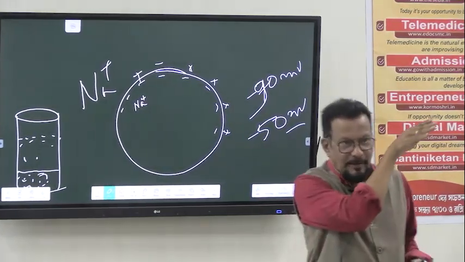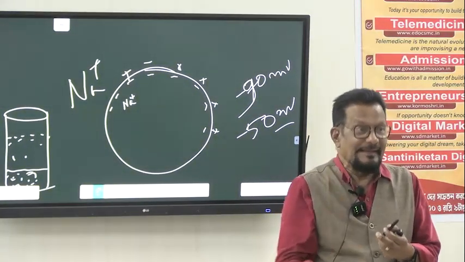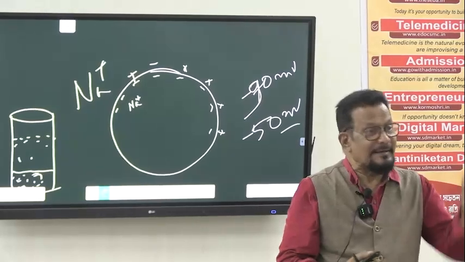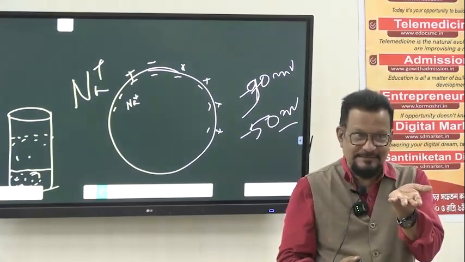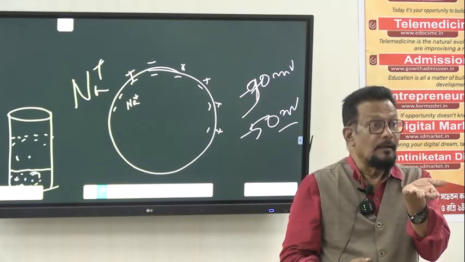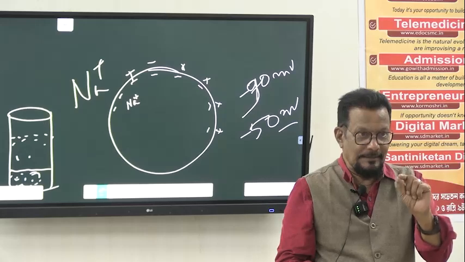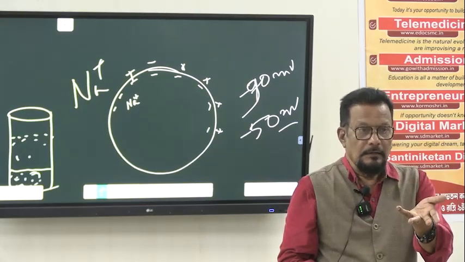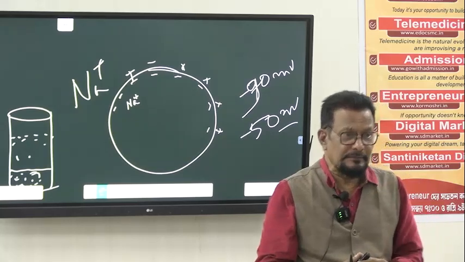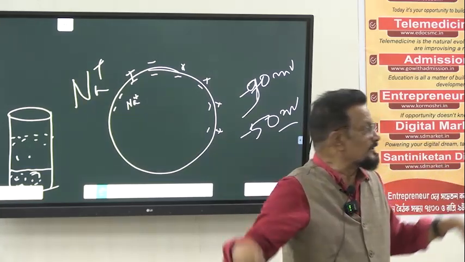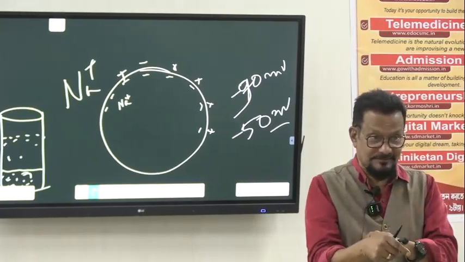What happens when sodium ion enters? It will minimize the negativity. Initially it was minus 70. So it will go to minus 65, minus 60, minus 55. When it comes to a particular level, say minus 55 or minus 50, initially there was one door open, one channel opened by the stimulus.